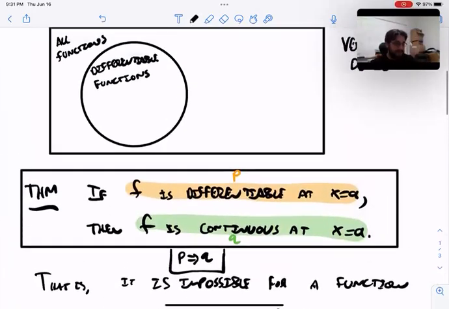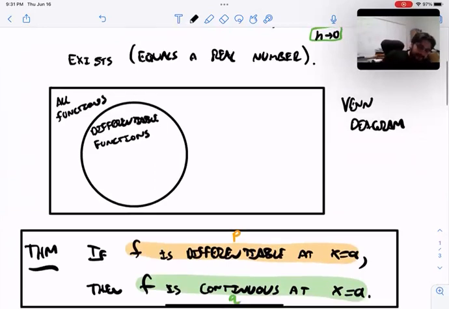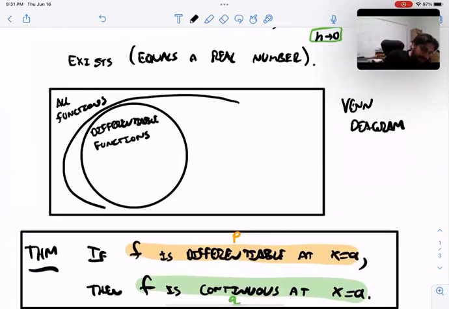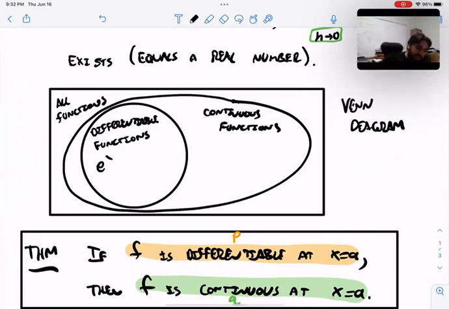So it also shows us how to draw our little diagram here, right? It shows us that we can actually complete this diagram like this, right? If a function is differentiable, it's necessarily continuous. So the class of differentiable functions lies properly inside the class of continuous functions. So you'd have things like e to the x, which is both differentiable and continuous everywhere.